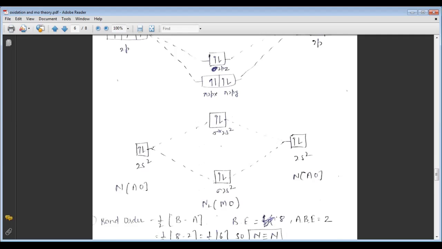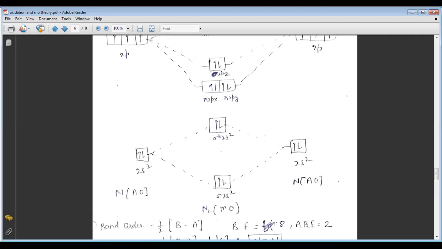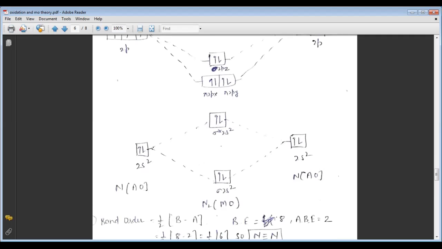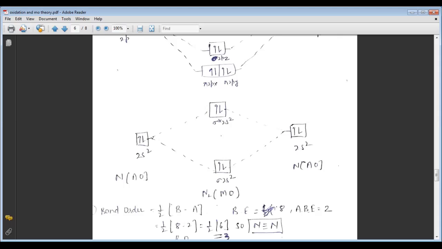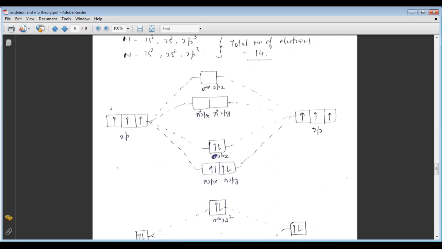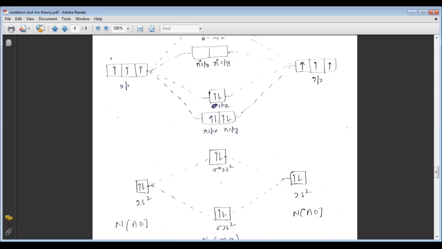It doesn't matter whether we draw the orbital. Now we calculate the number of bonding and anti-bonding electrons in the N2 molecule. The bonding electrons are 2, 4, 6 and 8. There is no electron in the pi star 2px and pi star 2py.